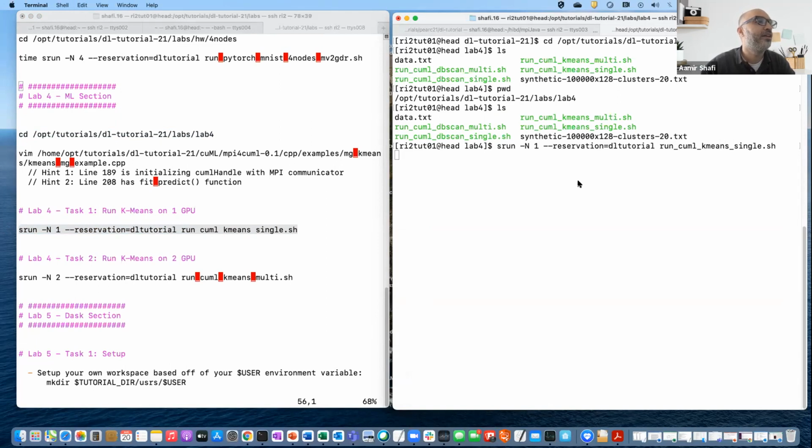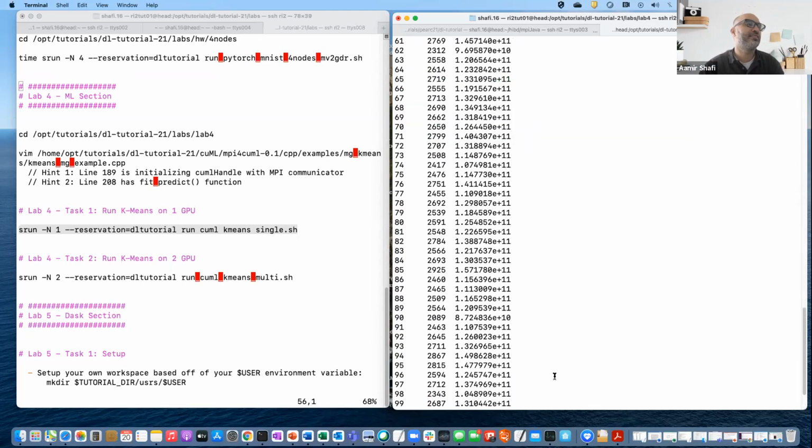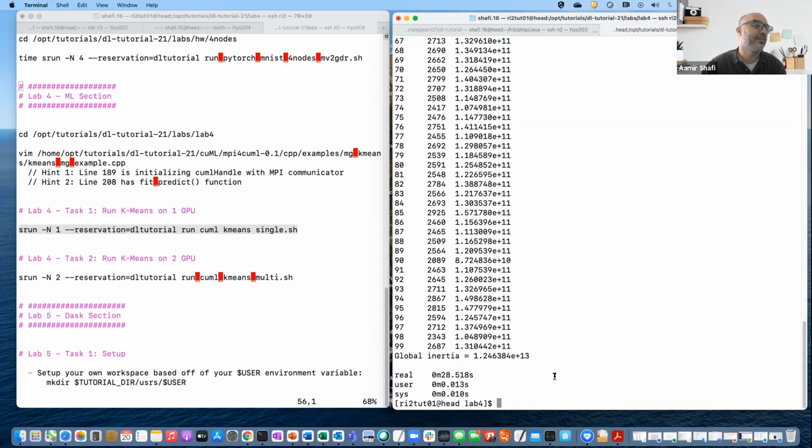This is now going to use the QML software and the MPI communication backend that we have developed to train this k-means, essentially doing the cluster identification using the data set that we have provided, which has more than 250,000 data points. Now it has returned the results.